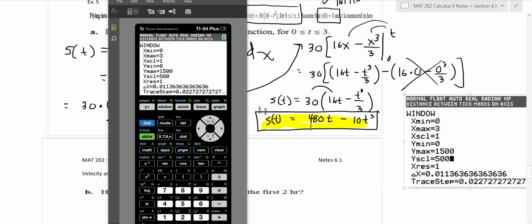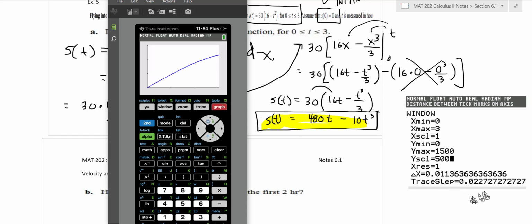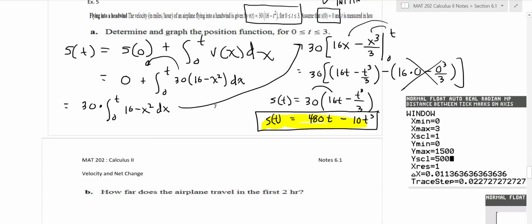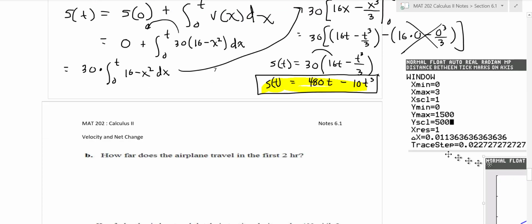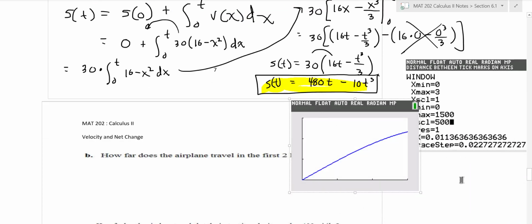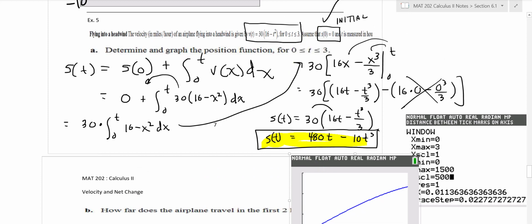All right, and then the graph goes like this, and I'm just going to move that to the side, just for reference. So in this particular problem, this is the graph. If you want to sketch this down, you can. This is S of t equal to 480t minus 10t to the third.